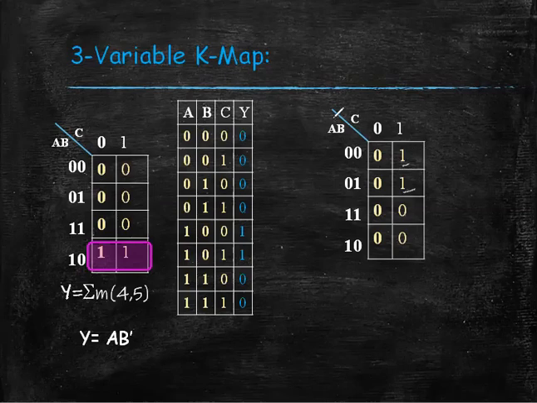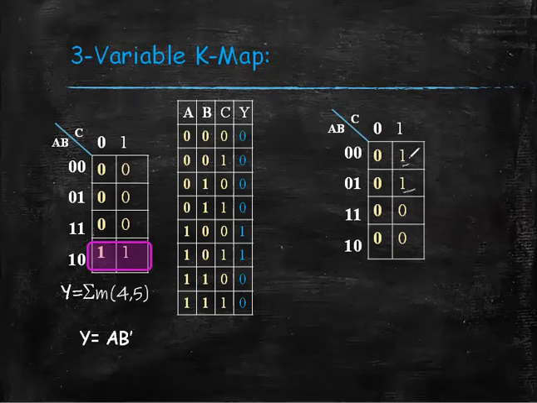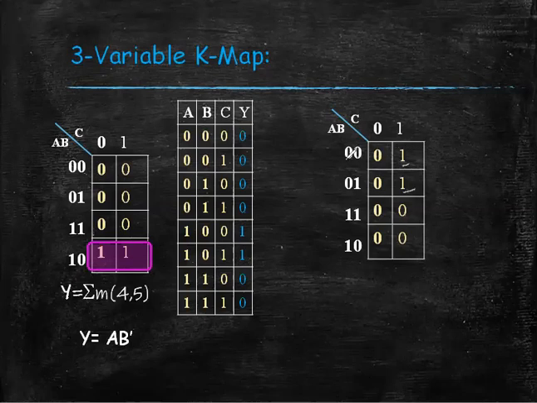Look at here, this position is for A bar, B bar, C, or it is 0 0 1. It is the position of 1, 0 0 1, and it is the position of 0 1 1.